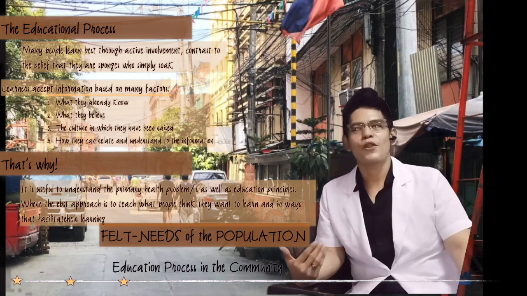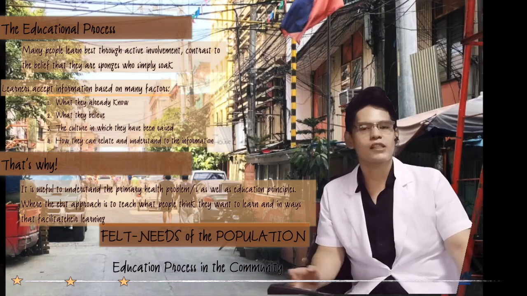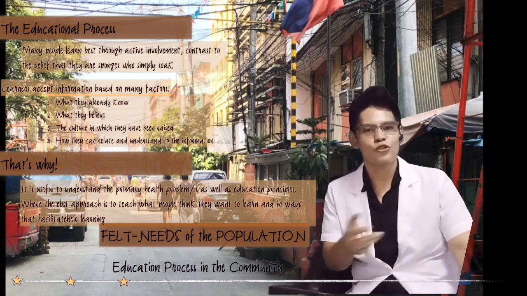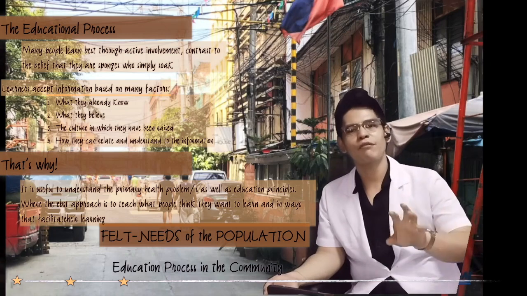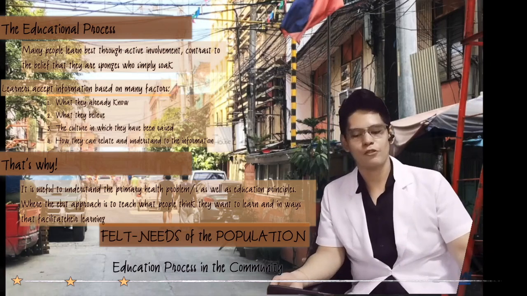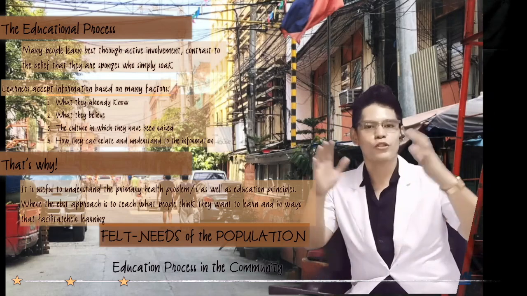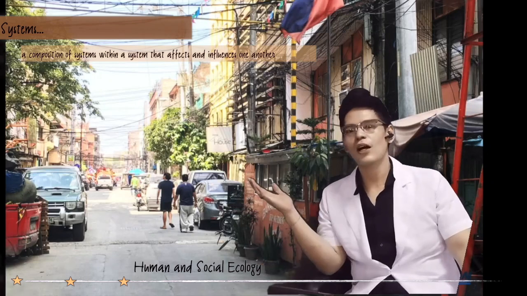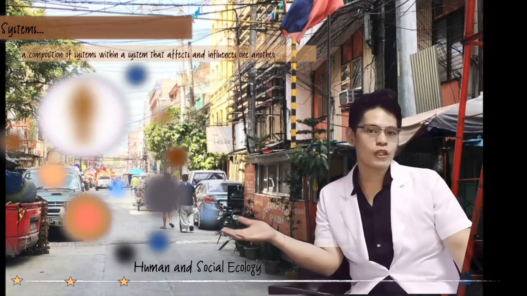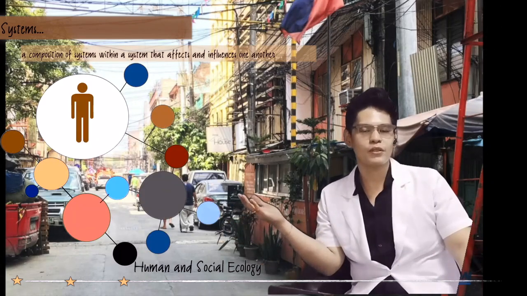So that one. The goal of community organizing is to impact change, to promote change within the community by addressing and planning on the different felt needs of the population. And with this one, we have to consider the different ecologies within the community. This is an example of the social ecology that happens within the community.